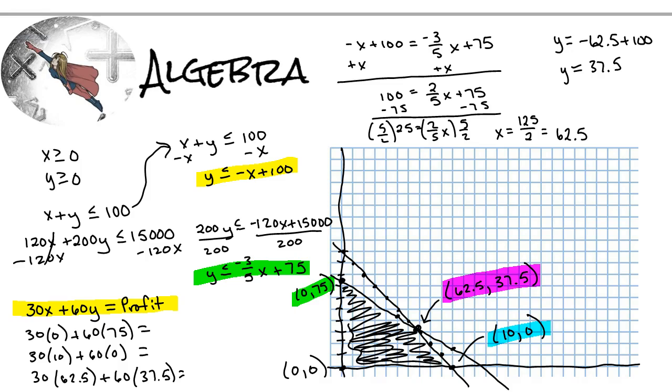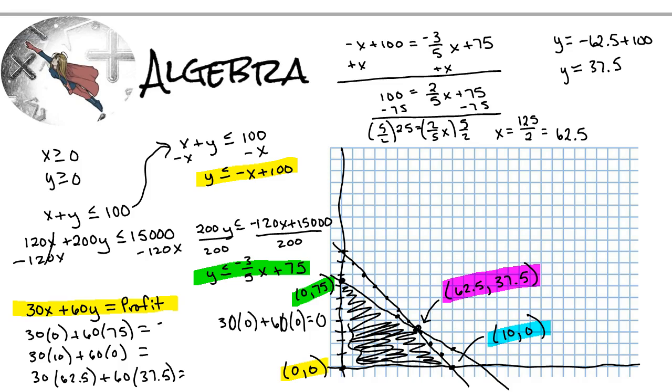That'll give us that profit. And we can plug in 0, 0. It's definitely not going to give you the maximum profit, but there's 0, 0. So 30 times 0 plus 60 times 0. We know that's going to equal 0. So now just punch these into your calculator.